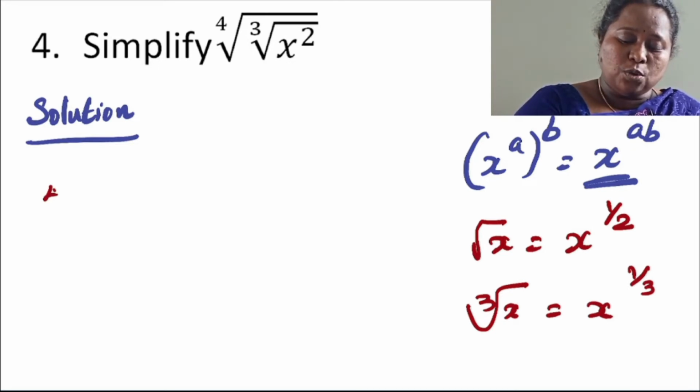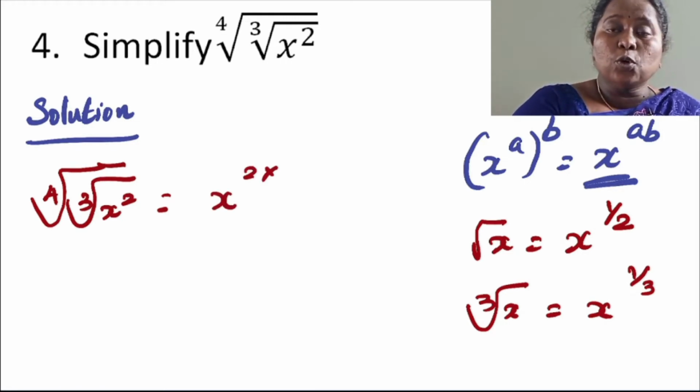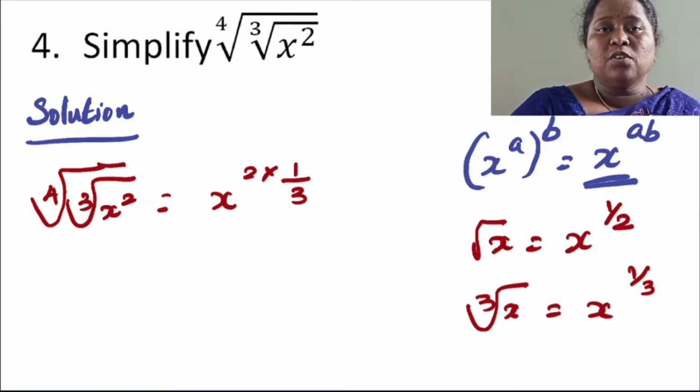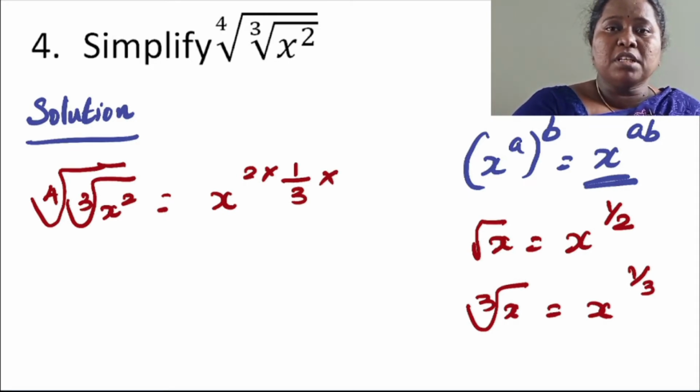I have the fourth root of the third root of x square. This can be written as x squared, and the cube root can be written as 1 by 3. The fourth root is 1 by 4.